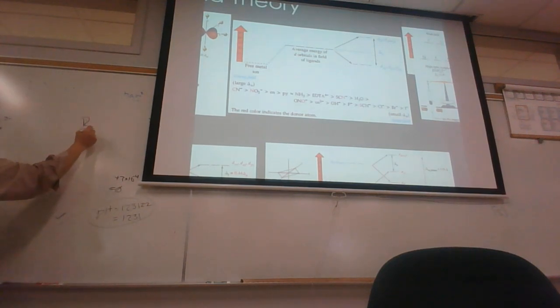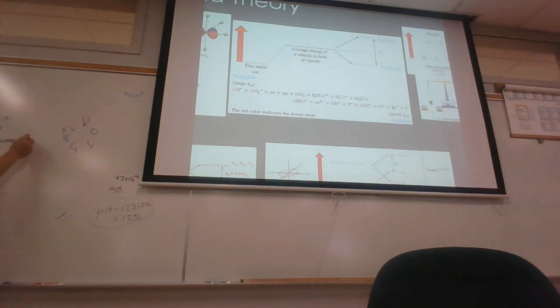And so here we're going to have red, orange, yellow, green, blue, indigo, violet. So a cyano ligand is going to absorb high energy and appear as low energy. And so what that means is a cyano complex might absorb around here, indigo, violet, blue, and when it does, it appears these colors, orange or yellow, a lower energy color.